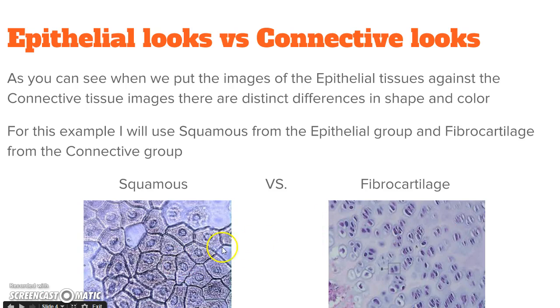You can tell the difference between these two because of the way that they are shaped, and because these are almost circular, but these are more cubed. And so that is how I find the difference between epithelial and connective tissues.